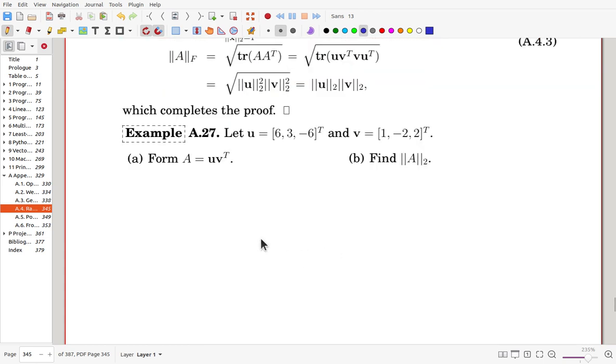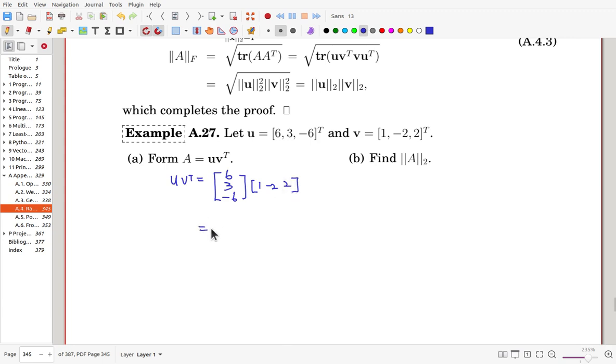Let's see this one here. Now U and V are given, so let's try to form A explicitly. U V transpose is the same as here. U is a vertical vector, 6, 3, minus 6, and V transpose is a row vector, which is 1, minus 2, and 2.